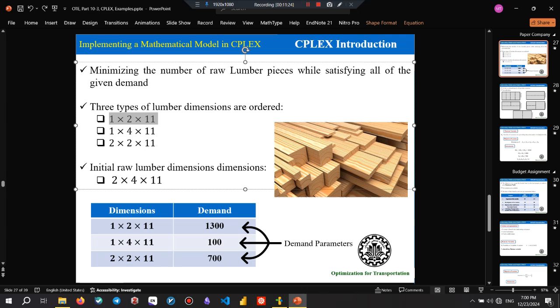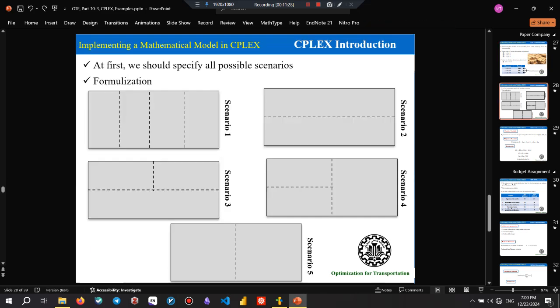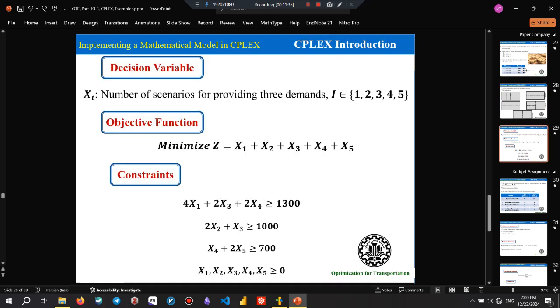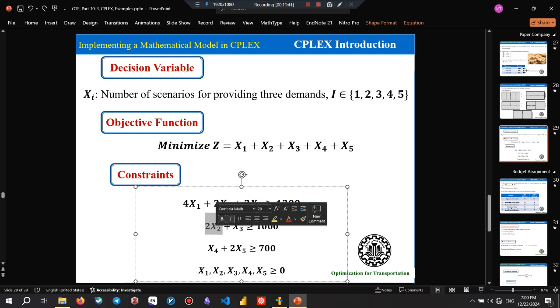The second one, 1 to 4, should be something like this. This, and I don't see anything similar. So as you can see, it is x2 and x3. Why is it 2x2? What about the coefficients? The coefficients are the amount of each of these numbers that are being provided in each scenario.